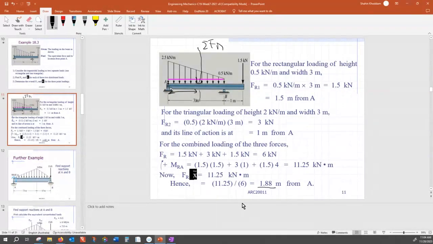These systems are equivalent. Equivalent means that instead of finding reactions from that complex shape, I find the reactions from the simplified shape. Both of them are equivalent, the reactions are the same. For a more detailed analysis, they are not equivalent, but for reaction purposes, they are equivalent.